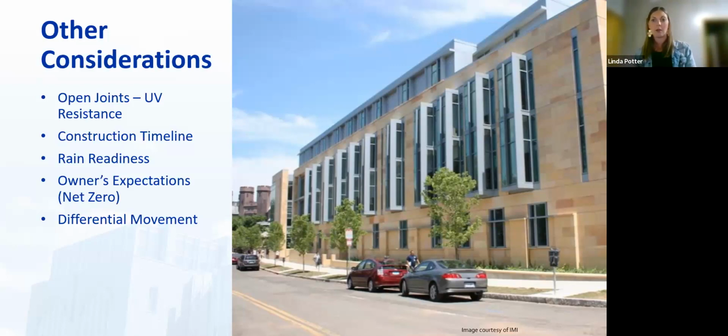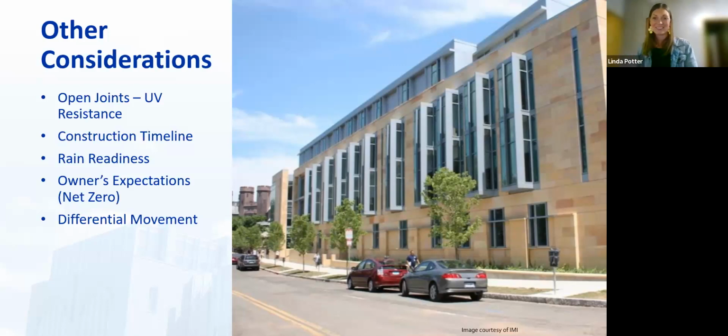Do you have a rain or moisture problem, those real-life job conditions that are going to slow down a project because the weather isn't cooperating? Is it important that a barrier hold some of these different traits? Do you have an owner expectation, like net zero? A lot of schools today are asking themselves how to build in such a way that they can have a net zero project.